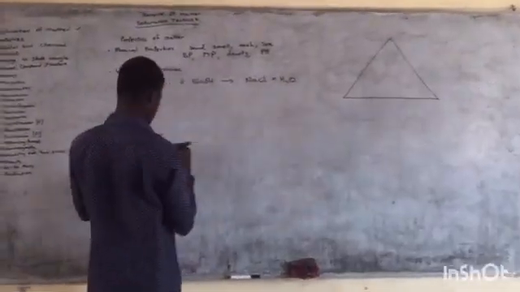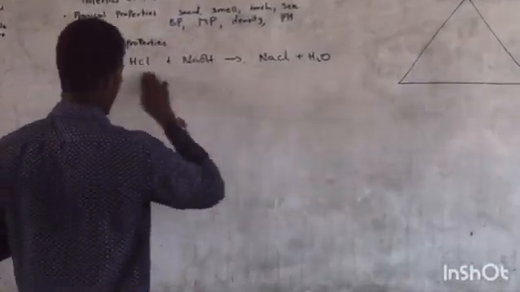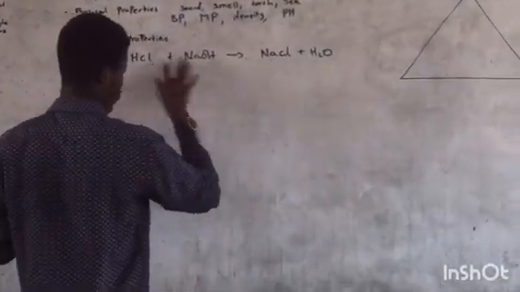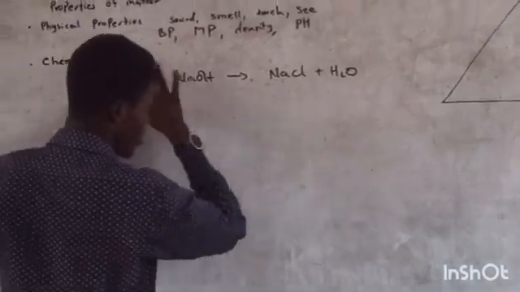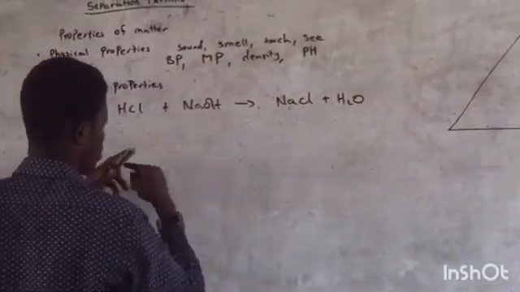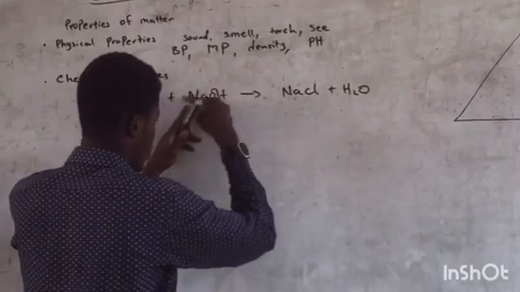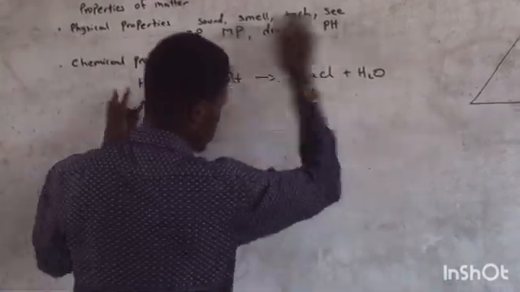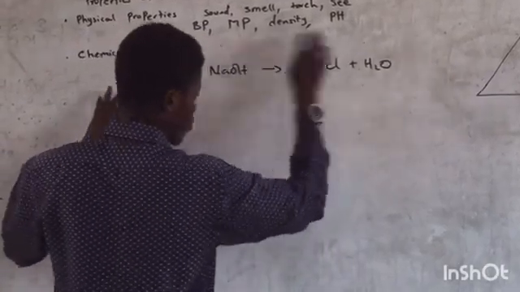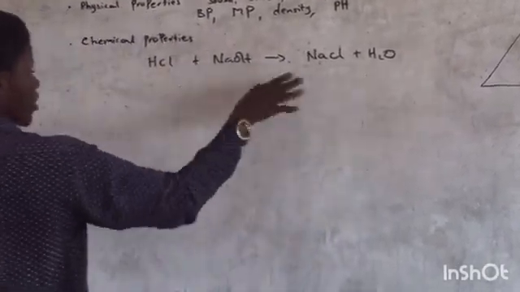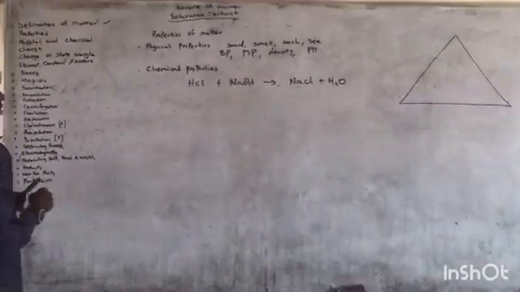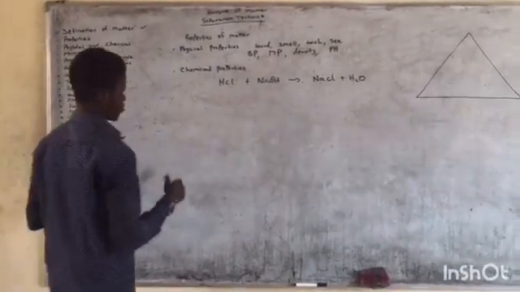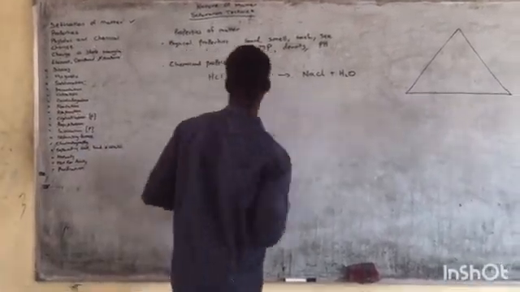When this thing reacts with this thing to form this thing, this reaction is a chemical property of this one, and also of this one as well. And this product is also a chemical property of this reaction, because if this reaction occurs, that's what you're going to form. There's not much to discuss on this, but I think it is clear.